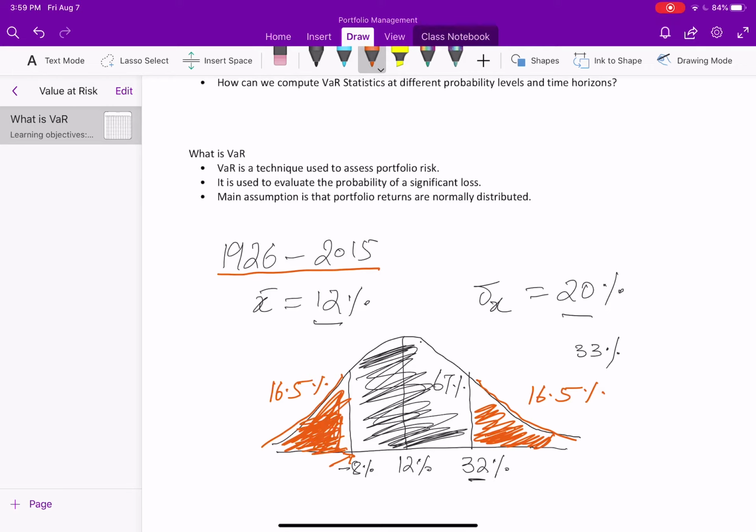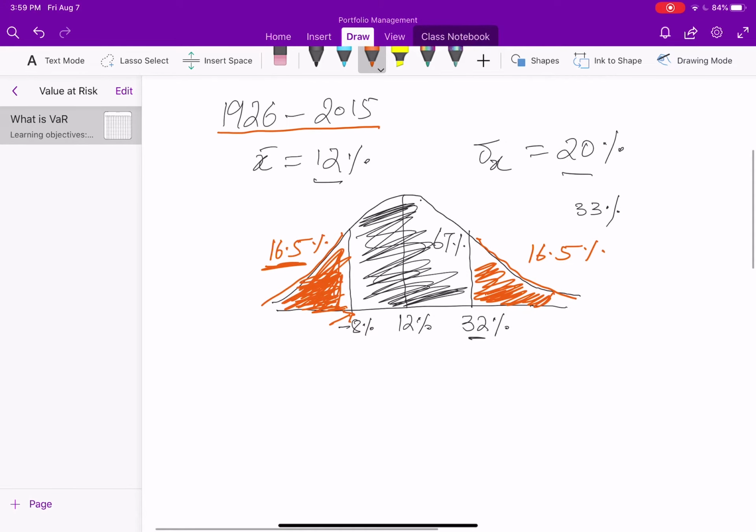So over the next 1 year, we can experience a loss of 8% or worse, and that probability level is 16.5%.